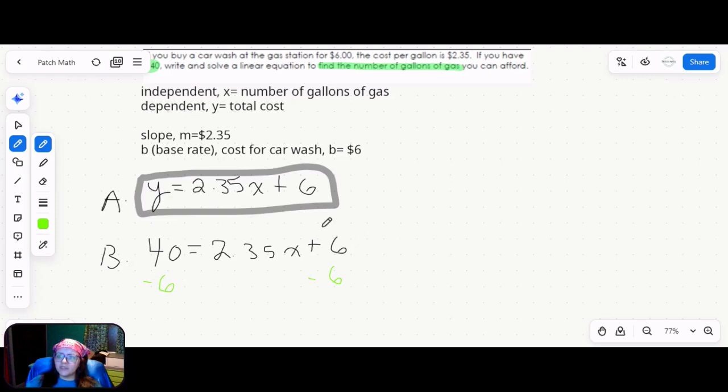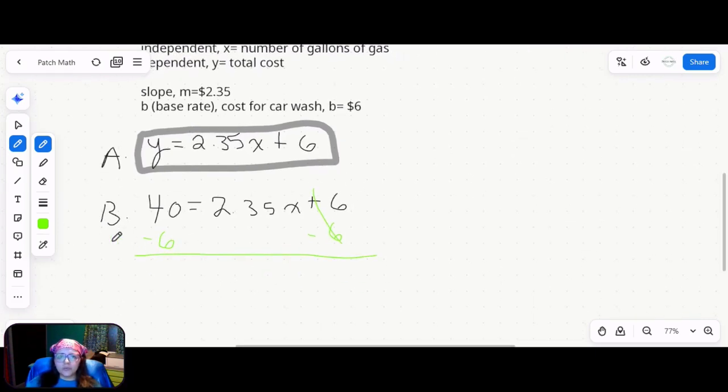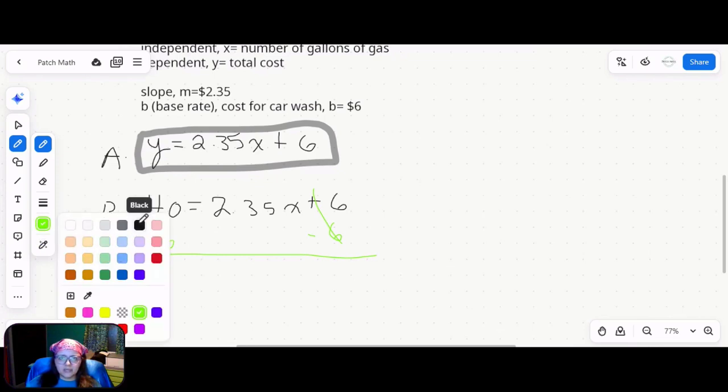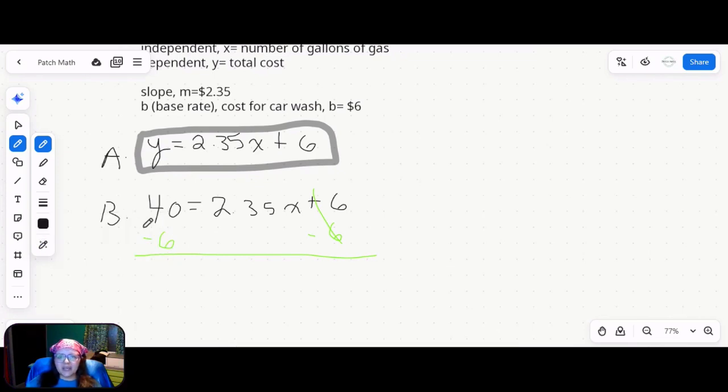What you do to one side of an equation, you must do the exact same thing to the other in order to retain the original value of the equation. In this case, 40 minus 6 is 34. And that is set equal to 2.35x. There's a decimal point there. It is hard to see on Zoom whiteboards due to the dots.